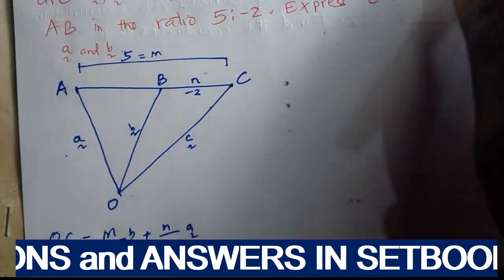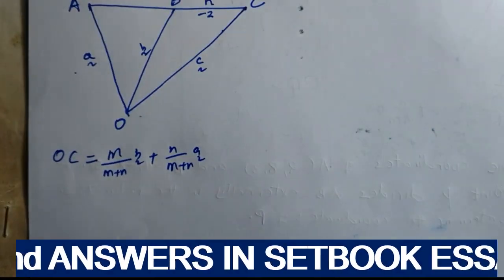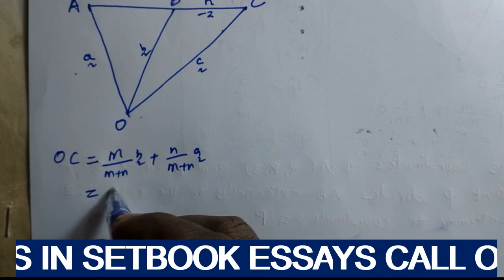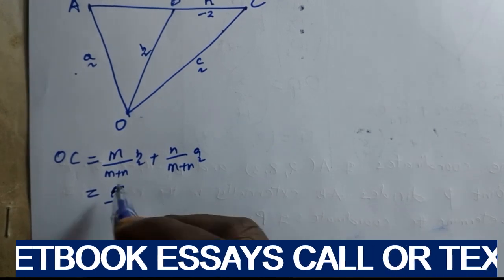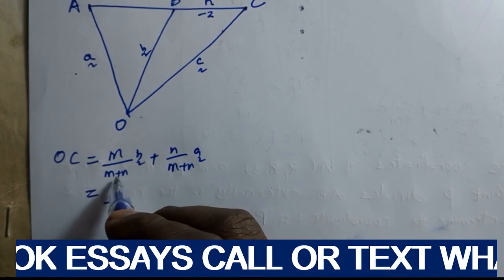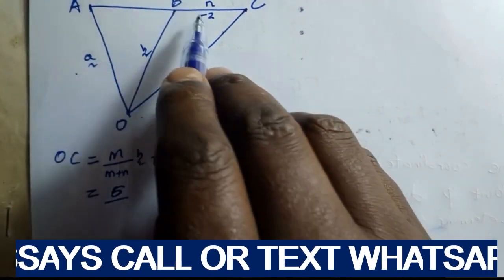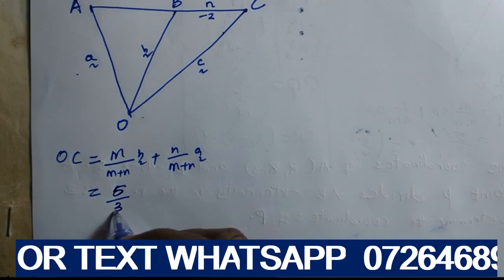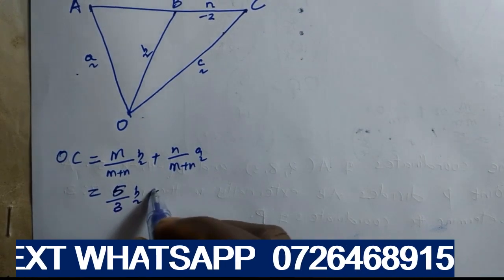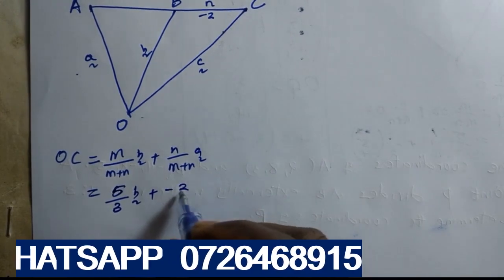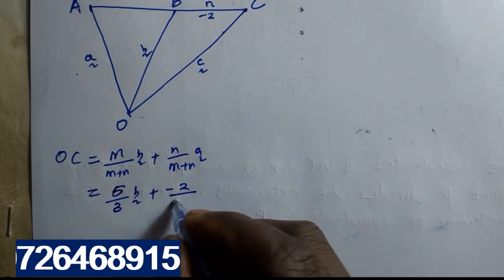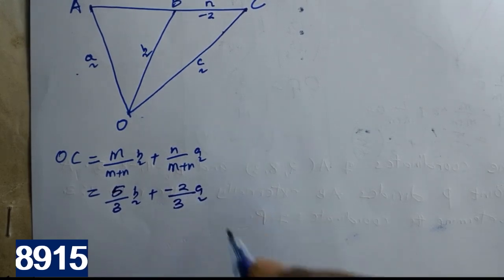Now let's substitute the numbers because we have M and N. Our M is 5 over M plus N. N is -2, so 5 plus -2, the answer is 3. B plus -2 over 3, a.